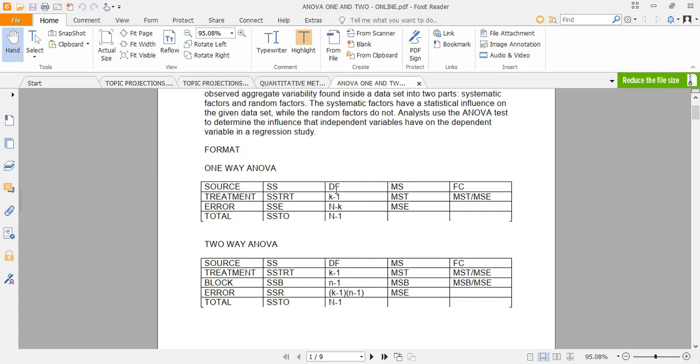The degrees of freedom, which are used mainly in reading the tables, for treatment, error, and total are K minus 1, N minus K, and N minus 1.